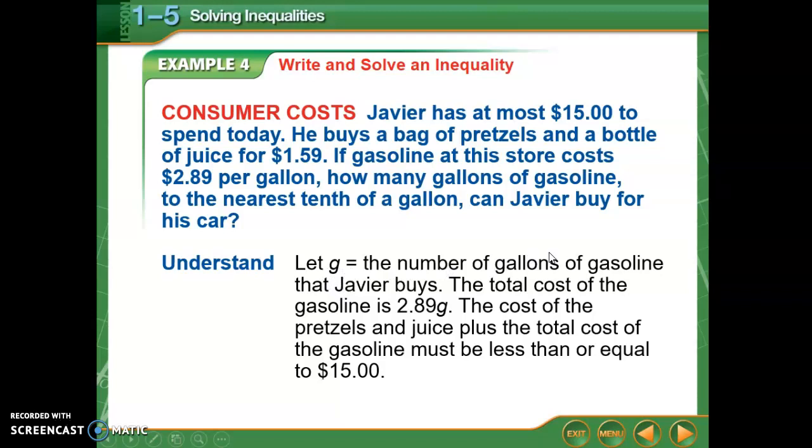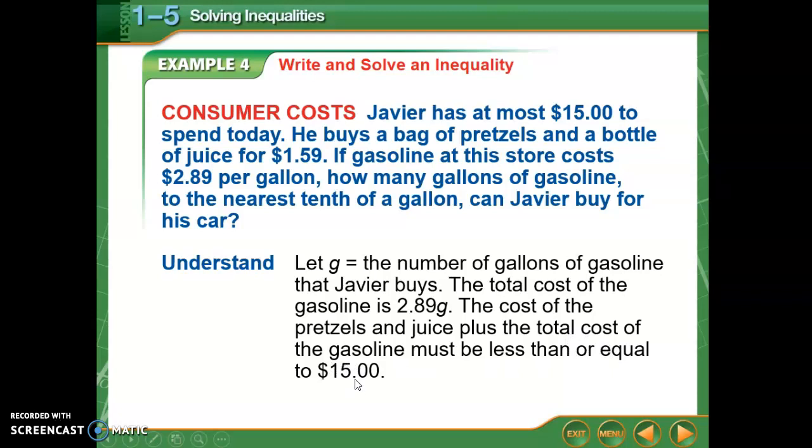So first, let's look at the variables involved. Let G be the number of gallons of gasoline that Javier buys, and then the total cost of the gasoline is going to be $2.89 per gallon times the number of gallons. The cost of the pretzels and juice plus the total cost of the gasoline must be less than what he has, which is $15.